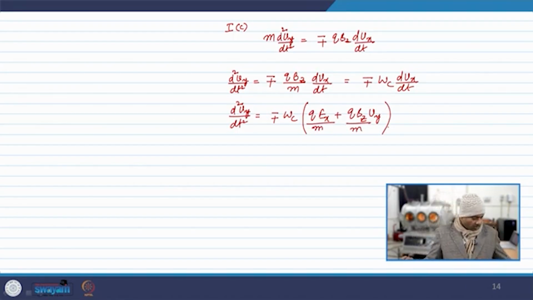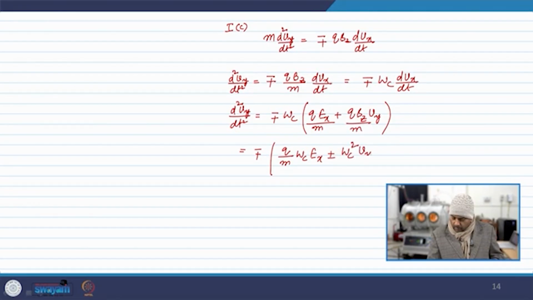Now we have something interesting. So this will be simplified as minus plus q by m omega c Ex plus minus omega c square Vy. Why, you ask? qB by m is omega c, plus minus qB by m is plus minus omega c.